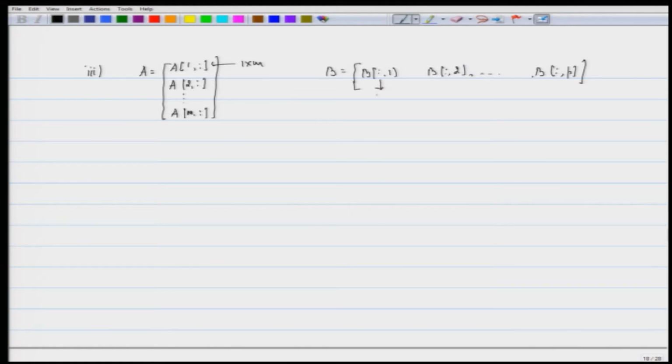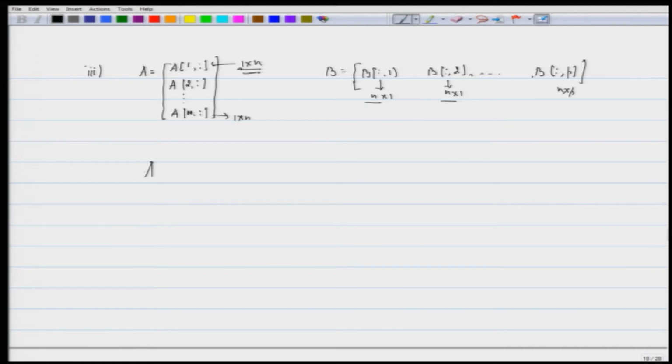This is of size n cross 1, sorry, not m. So, this was n here, all right. So, this was 1 cross n, n cross 1, n cross 1 till n cross p. So, if I see this, I can multiply this with this, and so on.